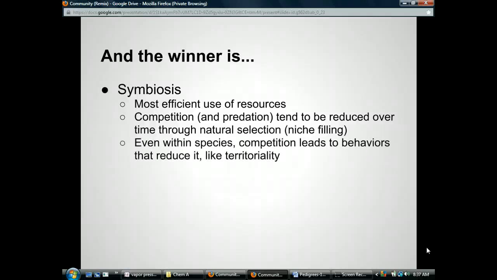Even within a species, competition leads to behaviors that reduce it, like territoriality. Oftentimes we think about territories as if they're confrontation, but they're not. They're designed to reduce confrontation between individuals.